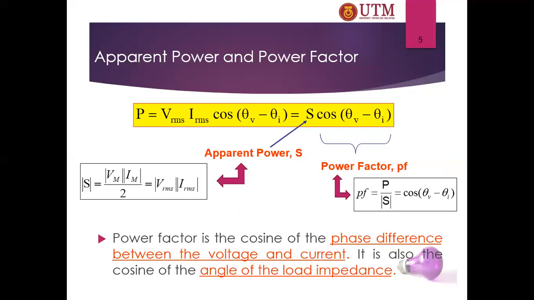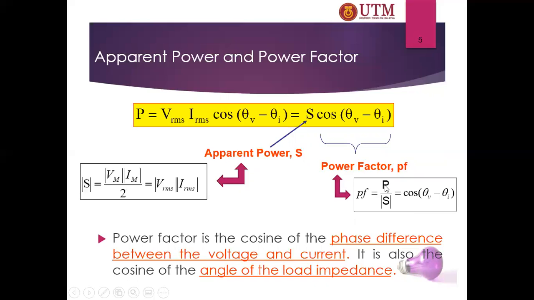Based on the relationship between average power and the apparent power, the power factor, cos(theta V minus theta I), or sometimes written as PF, meaning power factor, can be calculated using these equations.